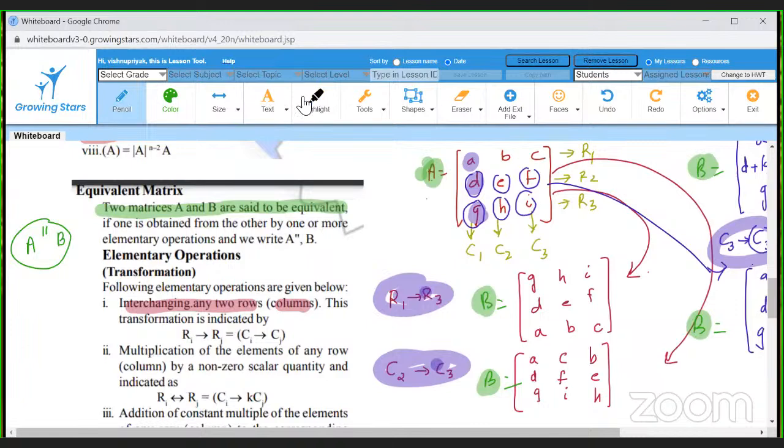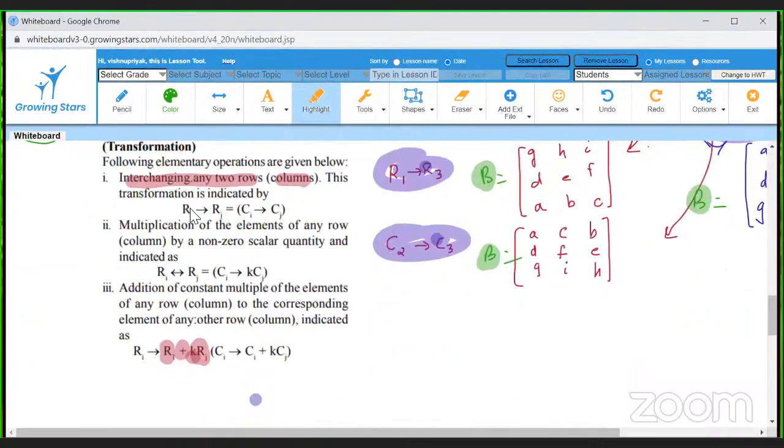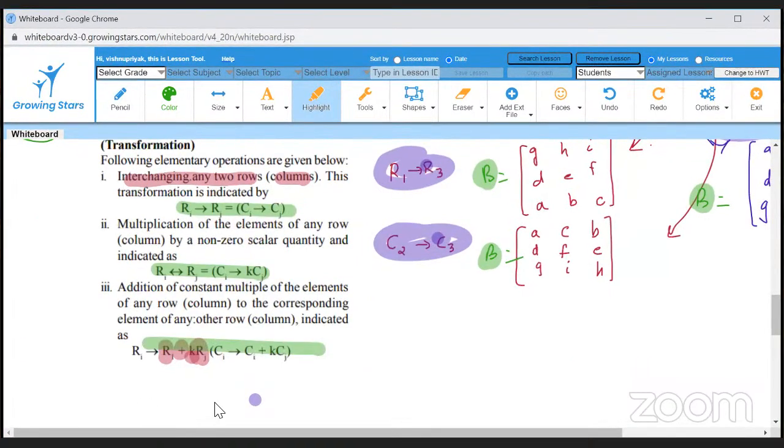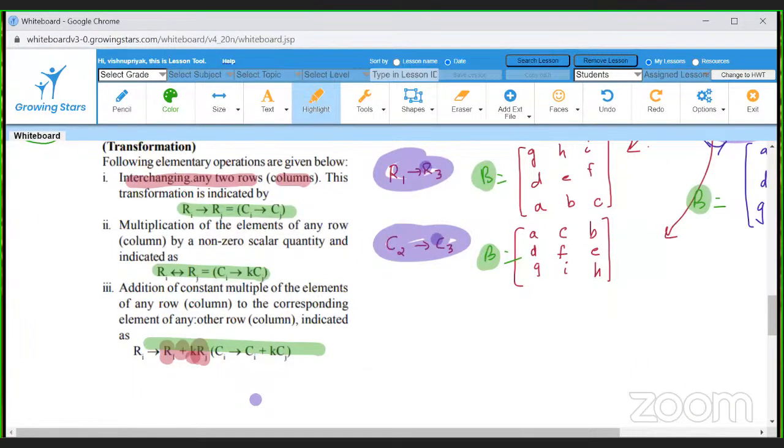If I do all these elementary operations, then A and B are called equivalent matrices.